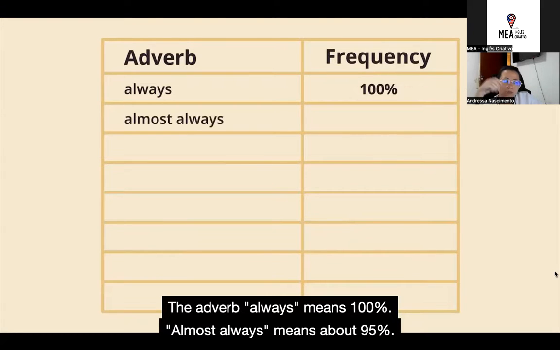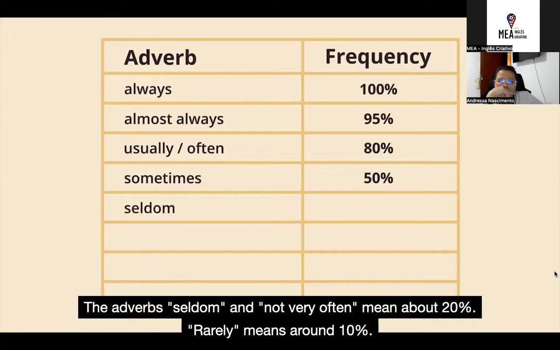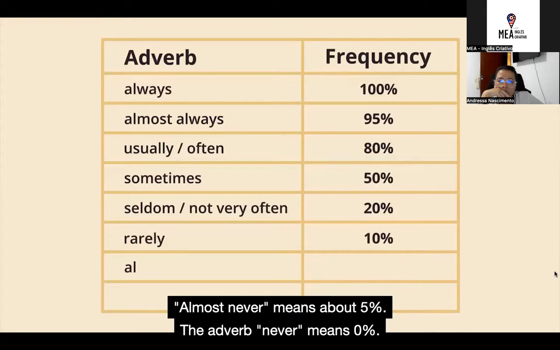Almost always means about 95%. The adverbs usually and often mean about 80%. Sometimes means around 50%. The adverbs seldom and not very often mean about 20%. Rarely means around 10%. Almost never means about 5%. The adverb never means 0%.